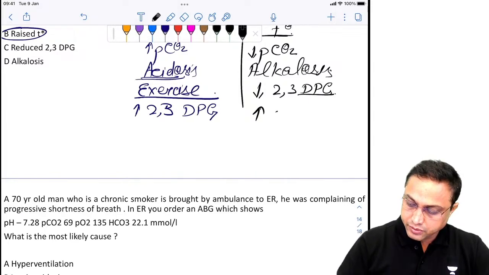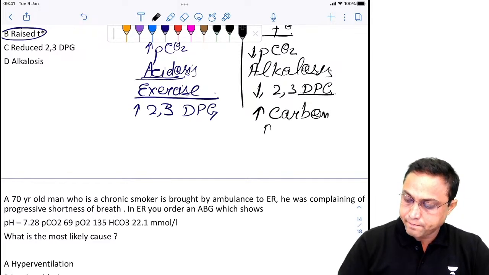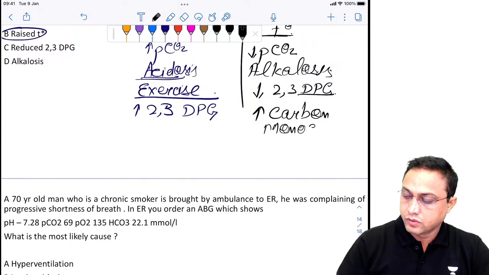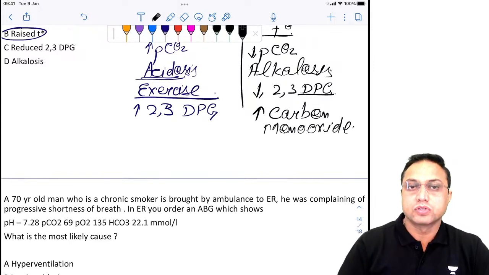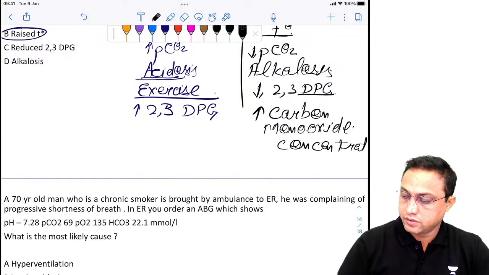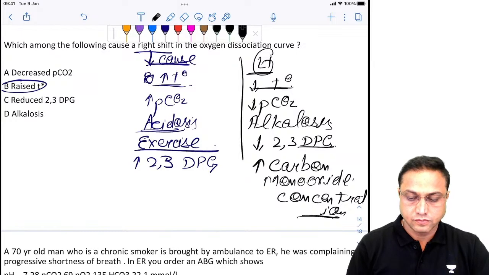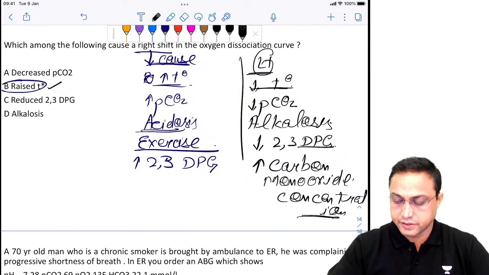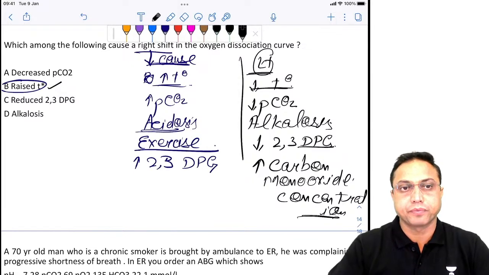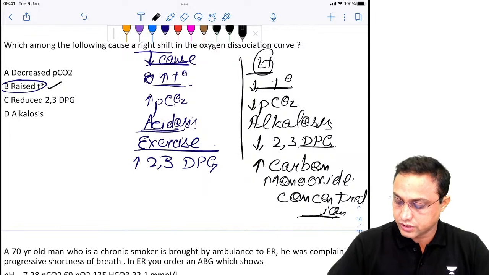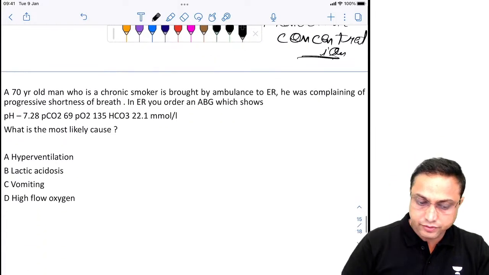Increased carbon monoxide concentration, right? These are some of the causes. So this was a simple answer. The answer was raised temperature for this question. Let's quickly proceed to the next question.